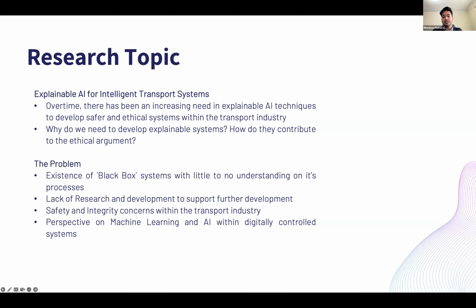And then that raises the question as to why we need to develop such systems. That leads us to the problem, which is we have systems in place right now, which are pretty much defined as black box systems. They don't have a lot of explanation.